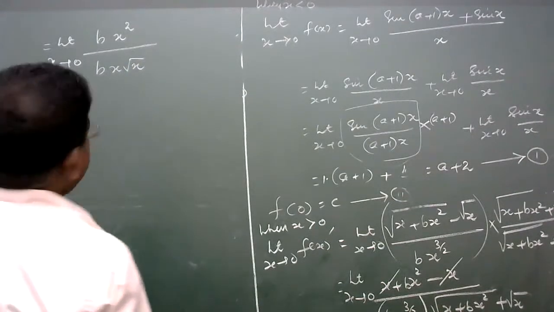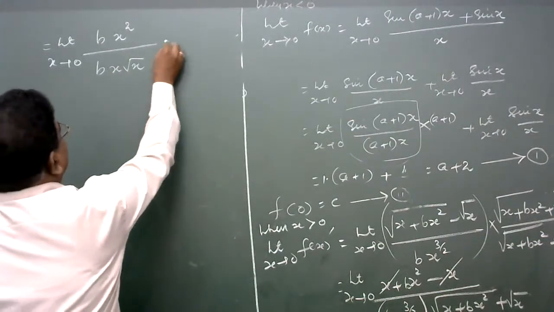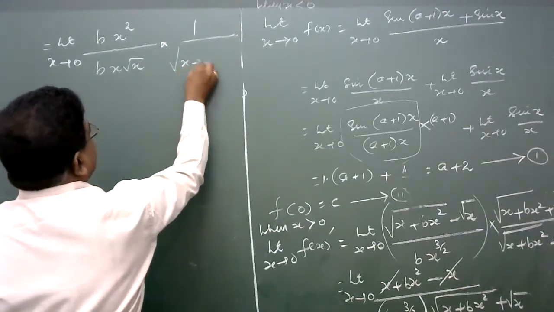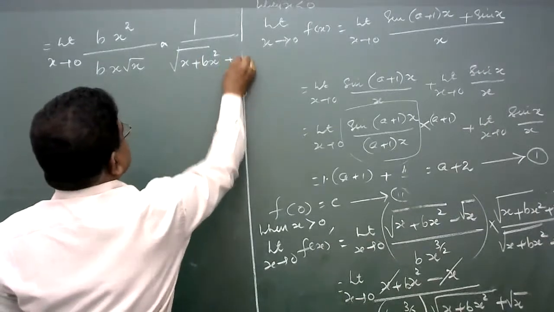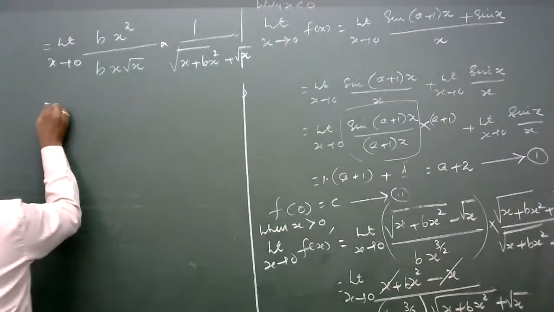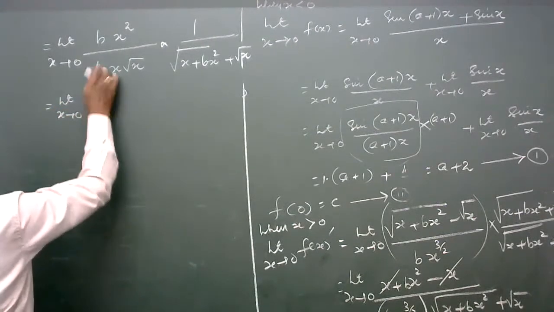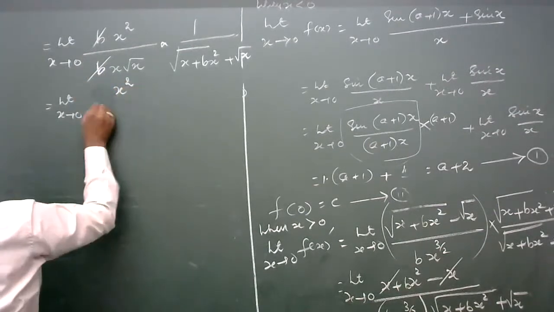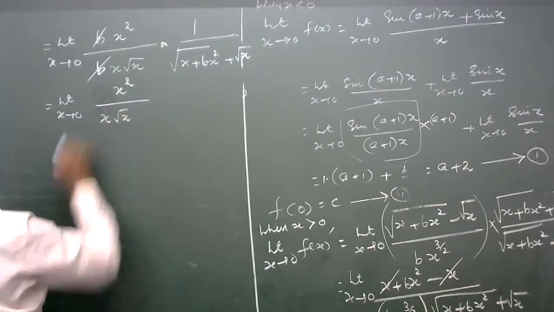That is equal to b x into root of x, and 1 upon root of x plus bx squared plus root x. This is limit x tends to 0, b cancelled. So x squared, the whole upon x root of x.